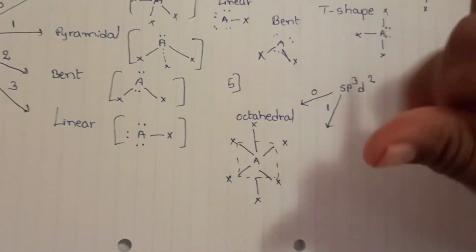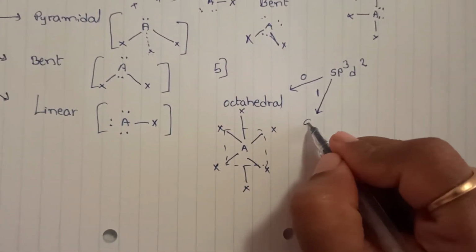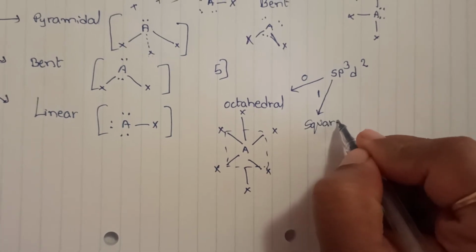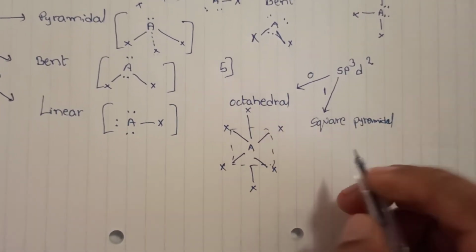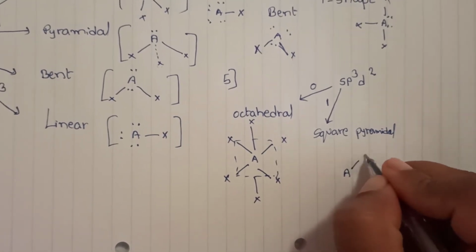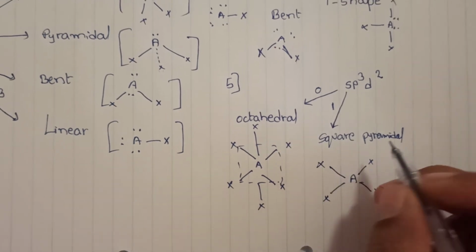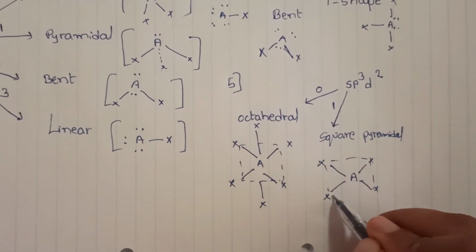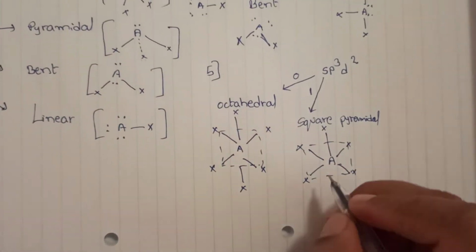Generally the first lone pair occupies one of these positions. So now just remove this position. What is the geometry? Square pyramidal. It's a square planar and one atom is above the plane. Square pyramidal.